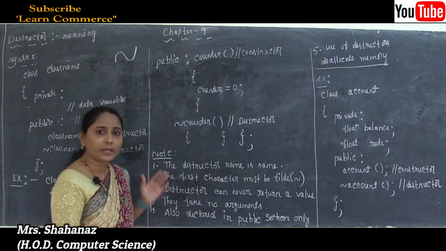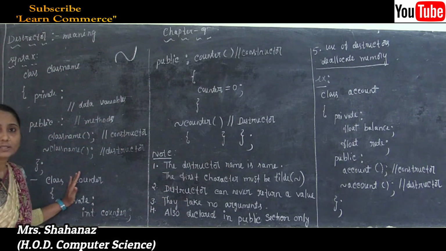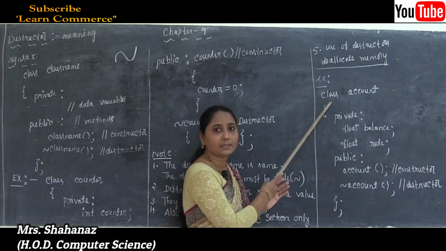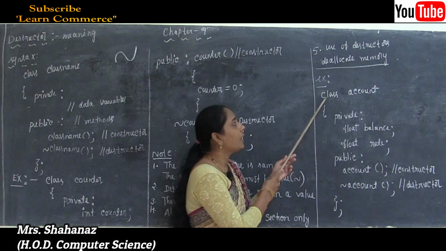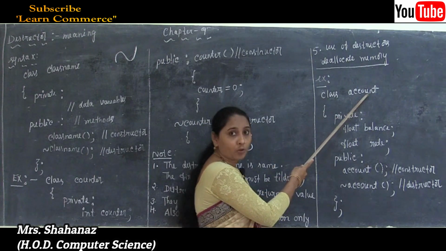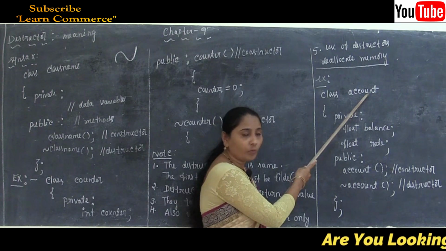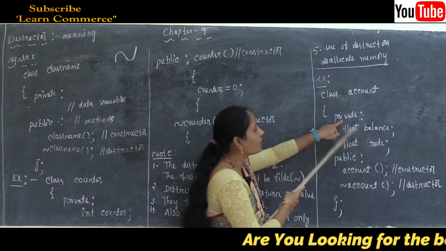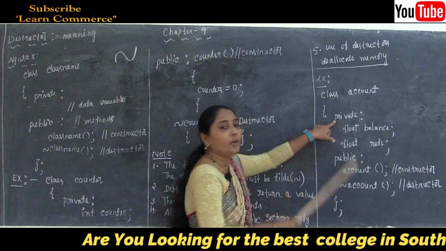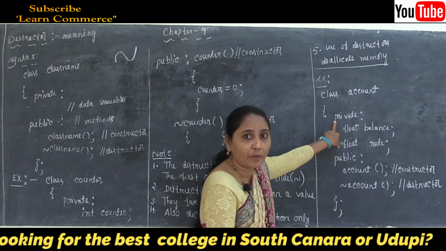And we already completed the simple example about the destructor. Let's see one more simple example for our destructor special member function. Class keyword, and for the class name I used account. In our account, before using the member data, we know that first we need to write the private access specifier.